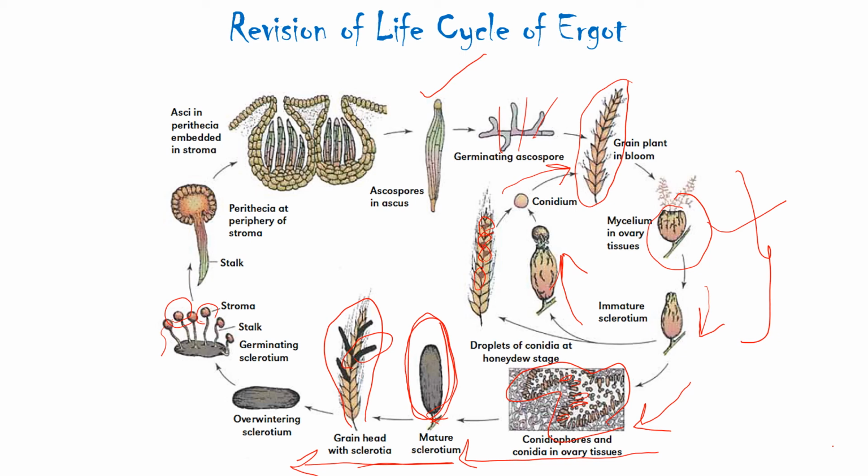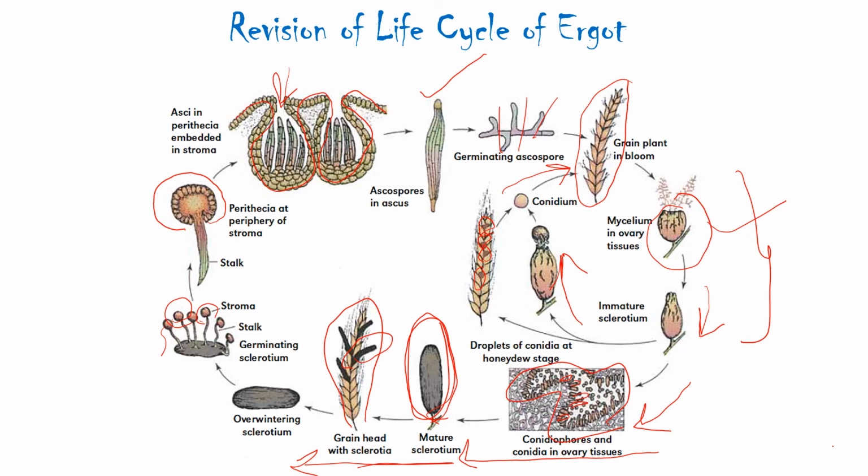And this stroma consists of perithecia, which are present in the stroma in an embedded form, and this perithecia contain several ascospores, the sexual spores of ergot.